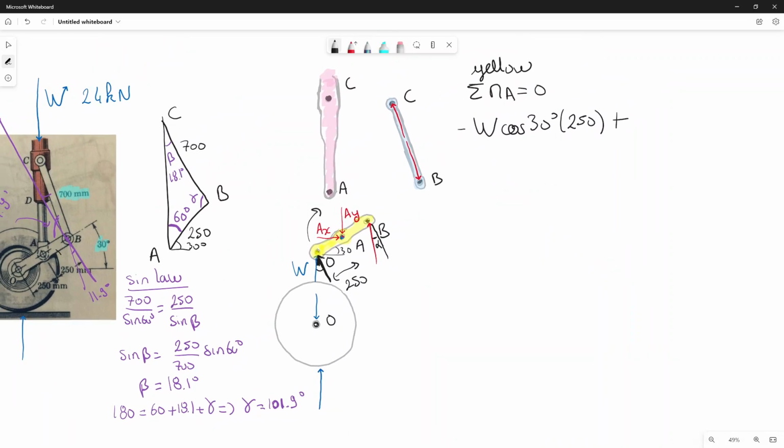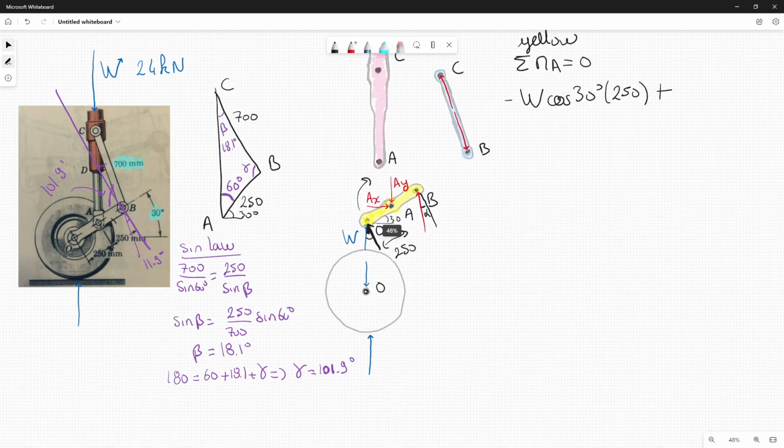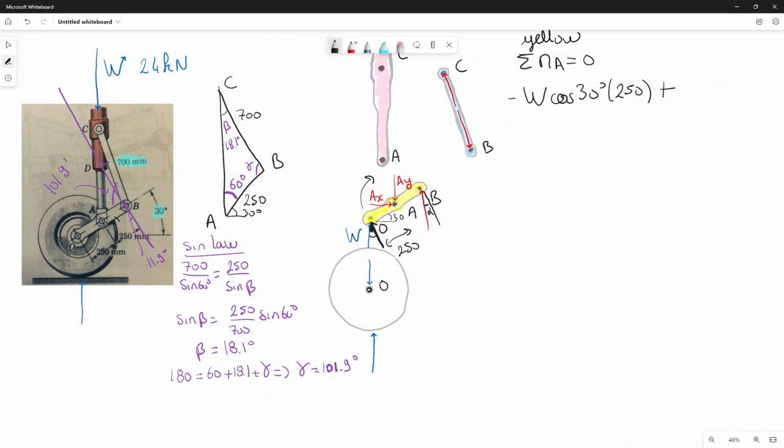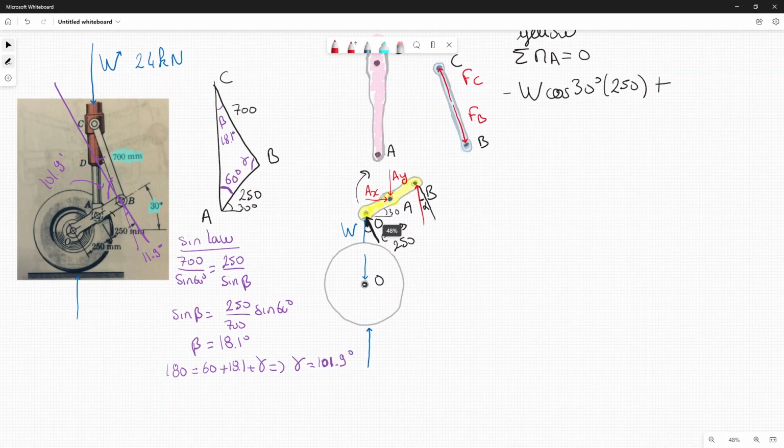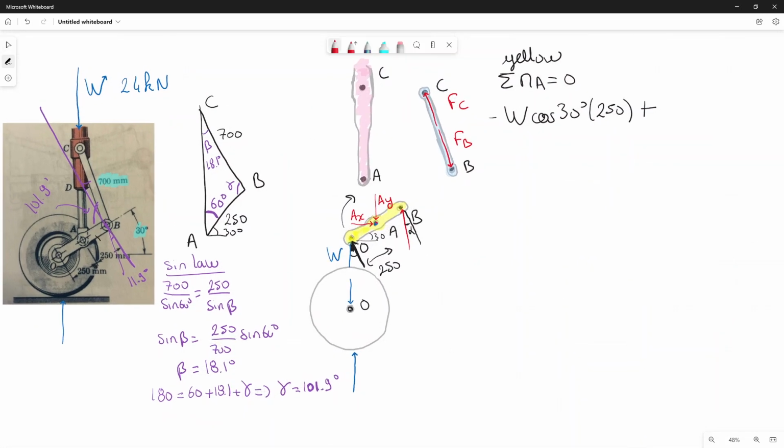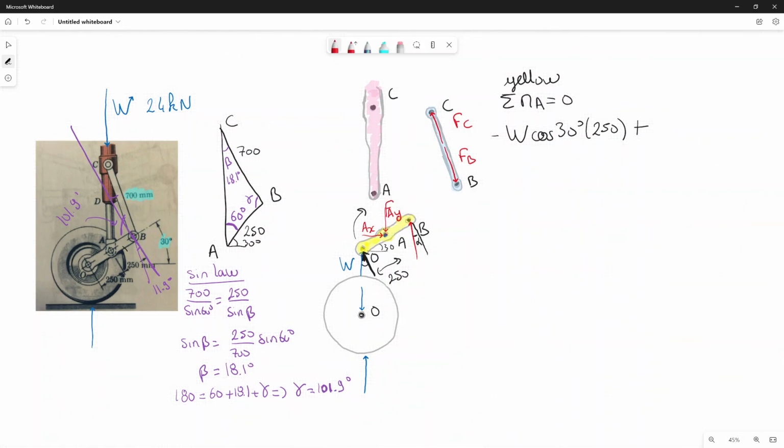Plus this force that is at B. So let's call this force FB, FC, and what we are looking for is AX and AY. I could write FAX and FAY, doesn't matter. FAX, FAY, that makes more sense. Okay, so FB is there.